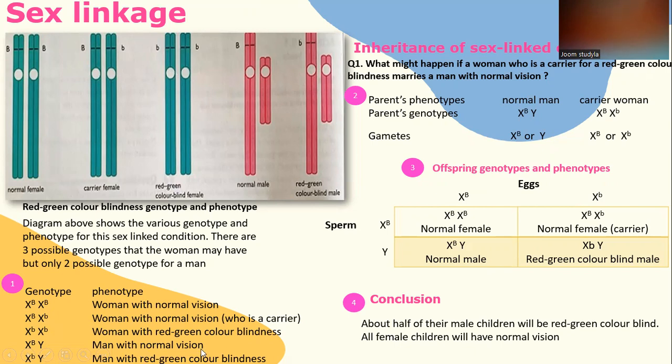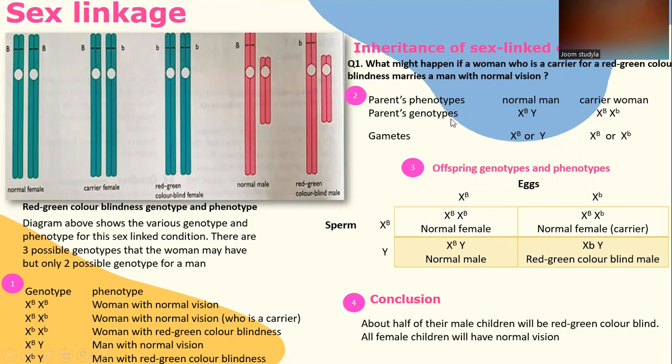For the man with normal vision, the genotype is only X^B Y. And the red-green color blind male has X^b Y. Secondly, you have to write the parents' phenotypes, which are normal man and carrier woman.